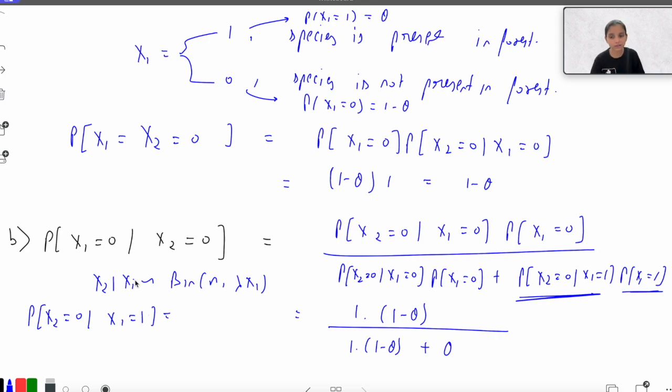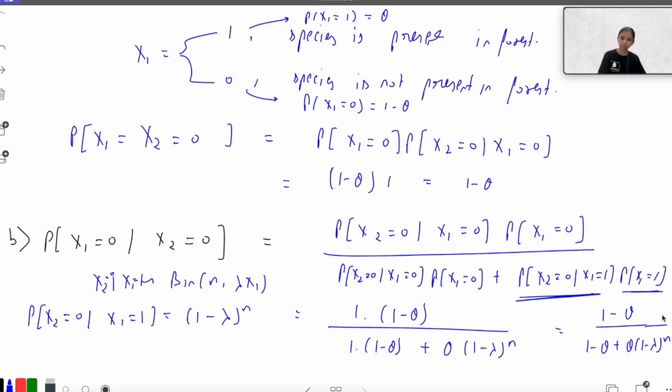So when x1 is taking the value 1, x2 is taking the value 0, this thing would be 1 minus lambda raised to the power n, right? So by summing it up, we will be having 1 minus theta upon 1 minus theta plus theta times 1 minus lambda raised to the power n.